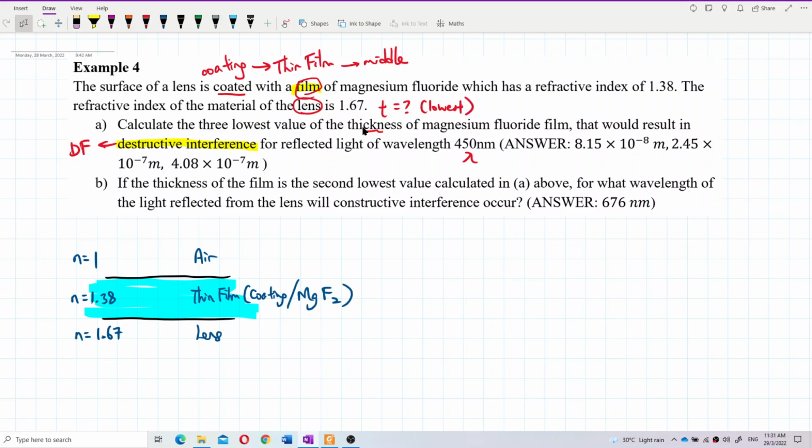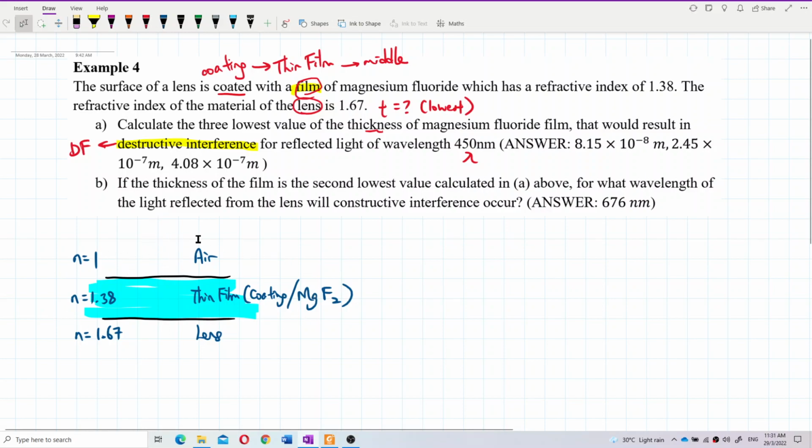Three lowest values. First of all, we need to know what type of film this is. Should we get two in-phase sources or two anti-phase sources? That is very important. Is this a reflective coating or non-reflective coating?